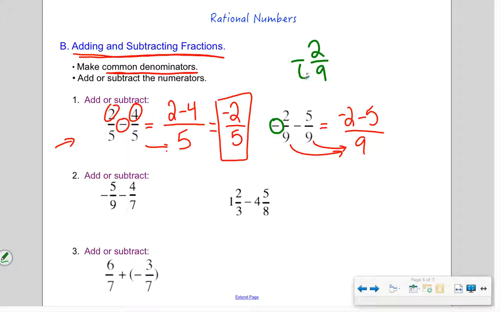Okay, it's not helping anyone if I put it on the bottom, because now I have 2/-9 minus 5/9, and now I've taken my denominators that used to be the same and now they're different, and that makes the problem more difficult. Okay, so I don't want to do that, but I don't want to just avoid the negative sign altogether. Okay, I have to do something with it.